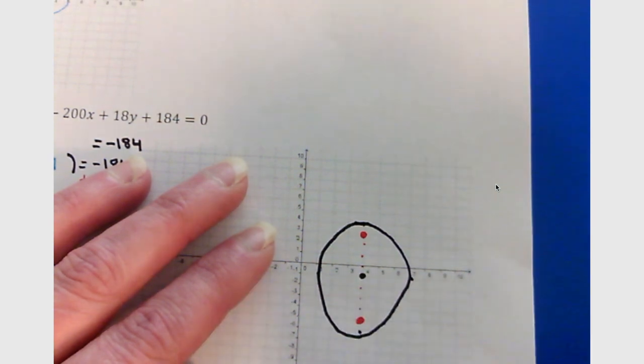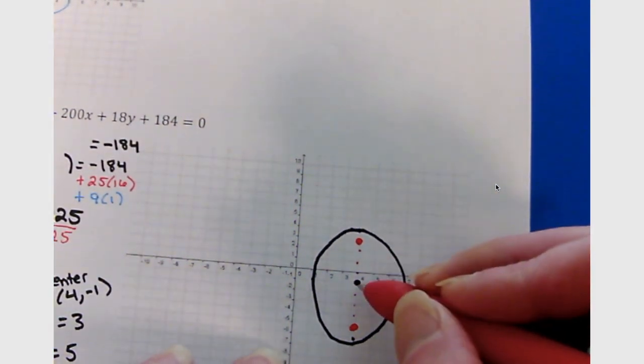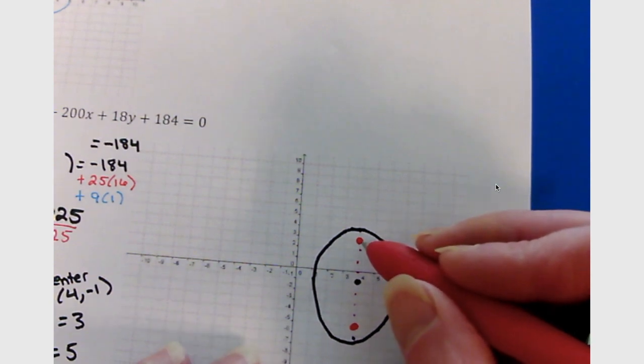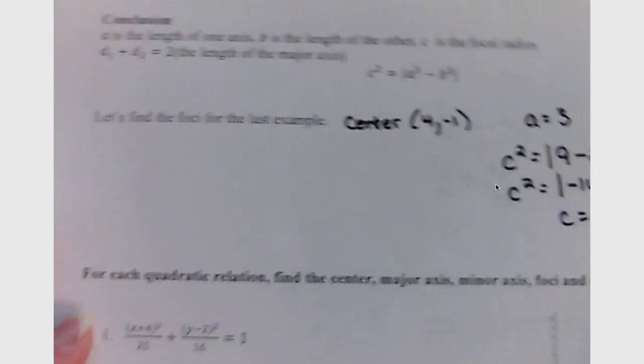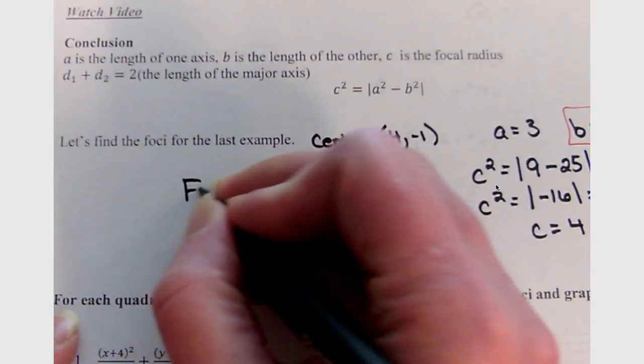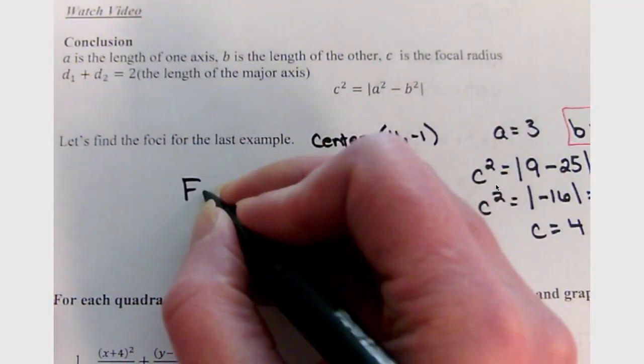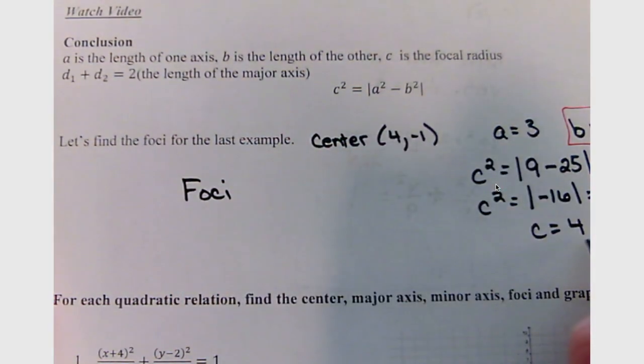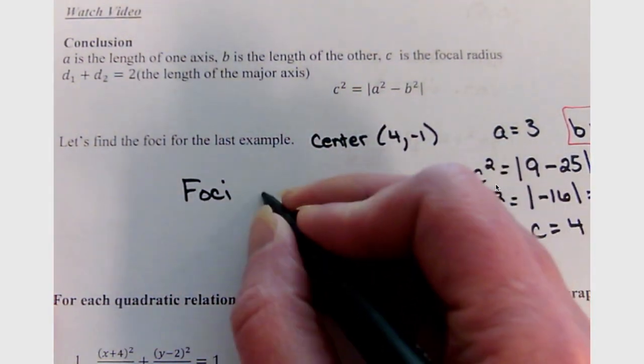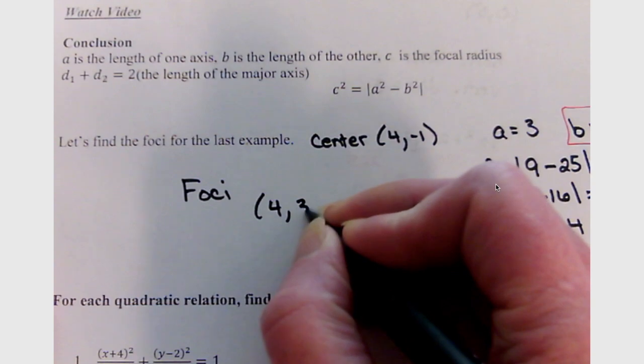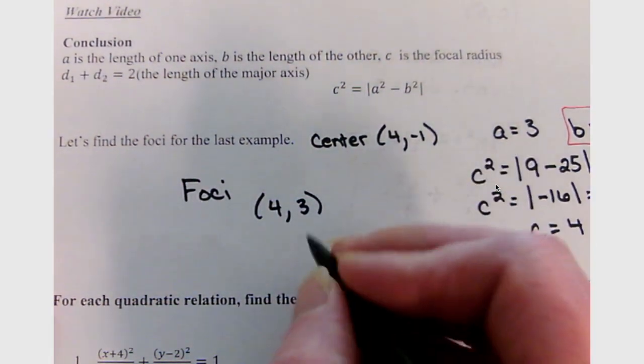Here's the other one. So I'm going to take my center and add 4 and subtract 4 from the y value. So my foci, I'm going to need to add 4, so 4, 3, and then subtract 4.